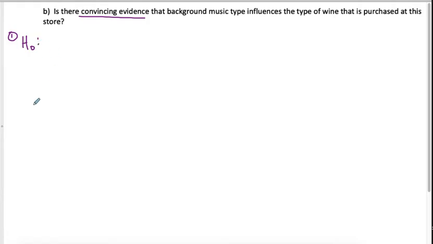Similar to our chi-squared goodness of fit, we define our variables and talk about the context in the hypothesis.